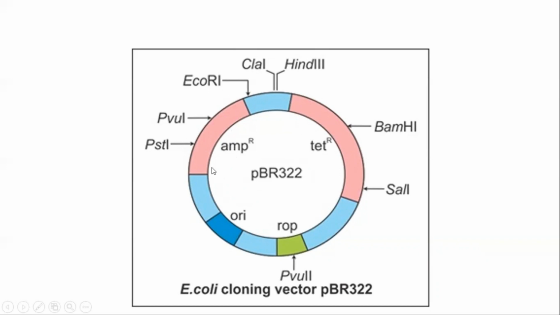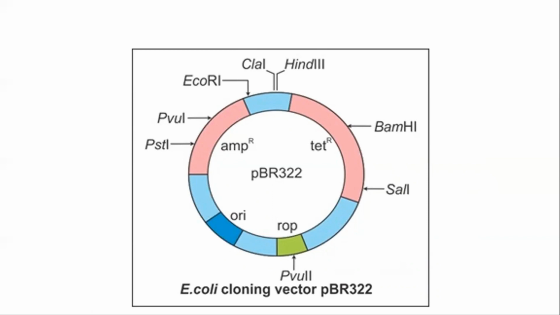The genes which are going to encode resistance to a particular antibiotic are nothing but your selectable markers. And you have ORI, origin of replication, responsible for the copy number of a linked DNA. And all these that you find here, BamHI, SalI, PvuII, PstI, are your cloning sites.